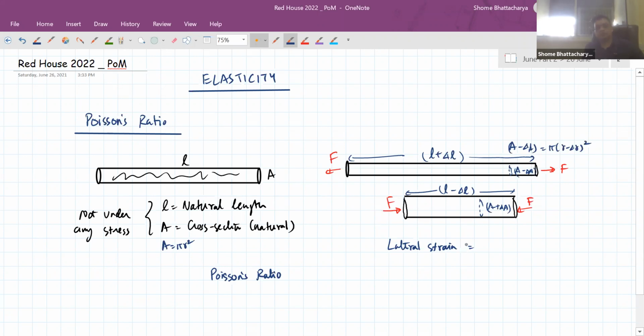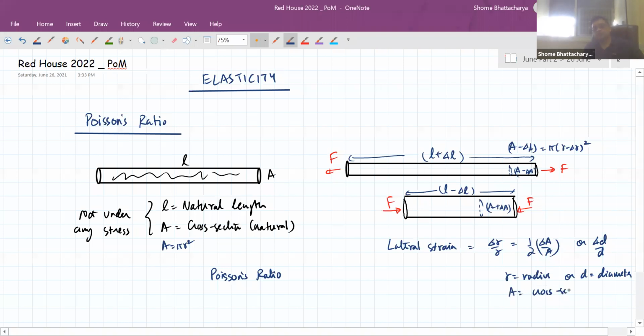Okay, so lateral strain is basically delta R by R, which will become 1 by 2 times delta A by A. Or it can also be defined as delta D by D, where D is the diameter. Where A is the cross-sectional area. So this is how lateral strain is defined.